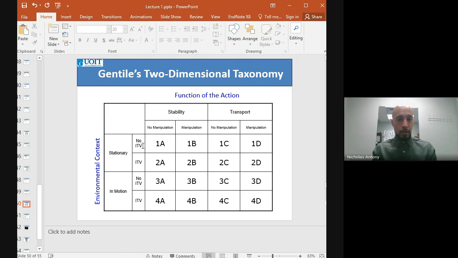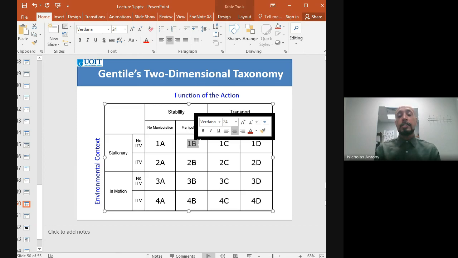So we are right here. Now, in terms of the skill itself or the function of the action, is the body moving or is it stable? Okay, and then are we manipulating an object or are we not? Boom. So we would classify shooting a free throw as 1B.